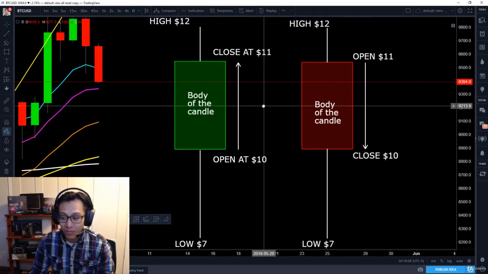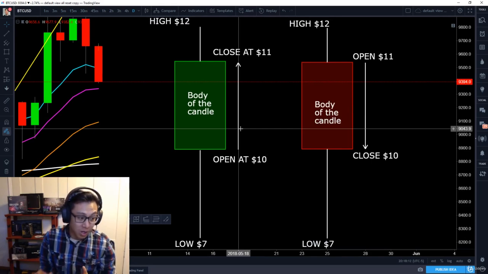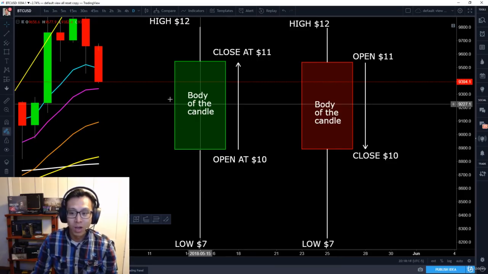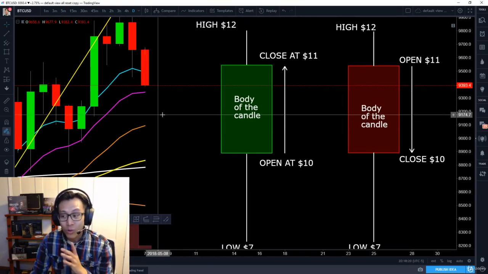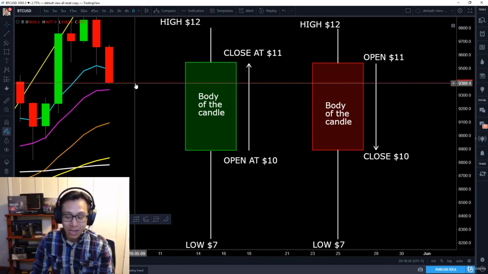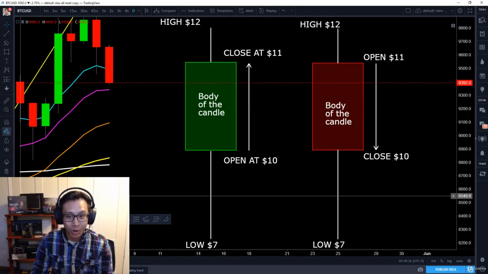So we have to think of the differences between these two candles, right? The green one is obviously a lot more bullish and the red one is a lot more bearish. And what we want on a downtrend is a really big green candle, right? Now, a red one can still be a bullish candle, but of course, a green one will give you much better chances of it being seen as a harder support.